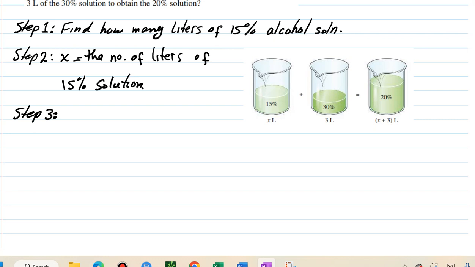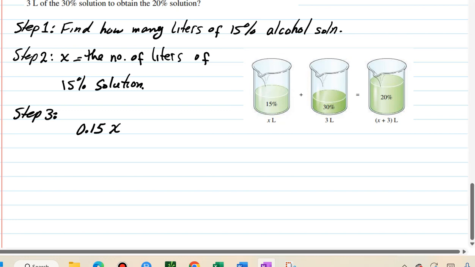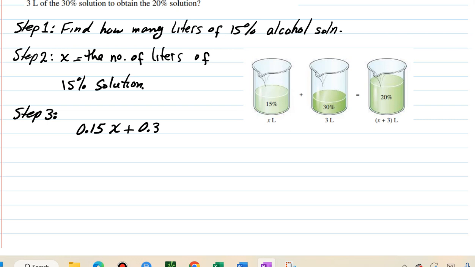So if I multiply the strength of the solution, which is 15%, times the amount, that will give you the liters of pure alcohol in the 15% solution. And then we're going to add that to 3 liters of the 30% solution.